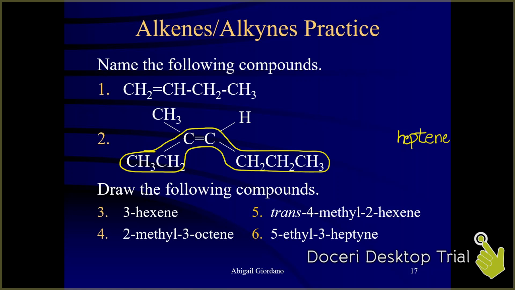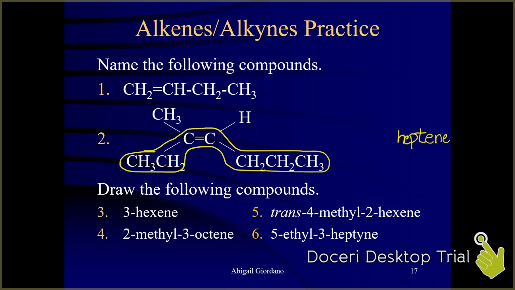All right. Now, do I need to include a number to tell us where that double bond is? And the answer is yes, I do. Remember, the rule is if your main chain has 4 carbons or more, and you have a multiple bond in there, you need to indicate where that double or triple bond is.